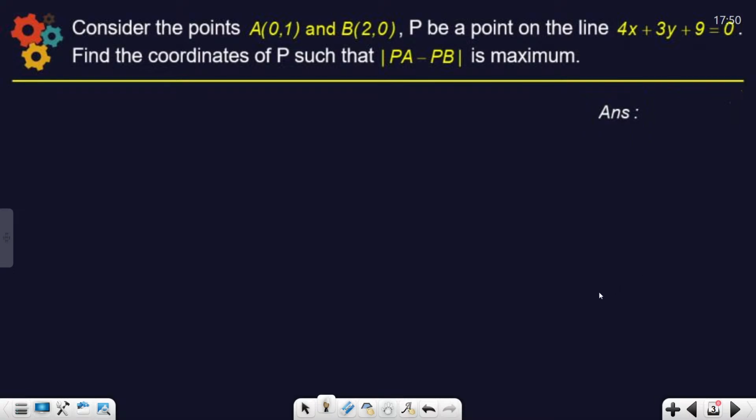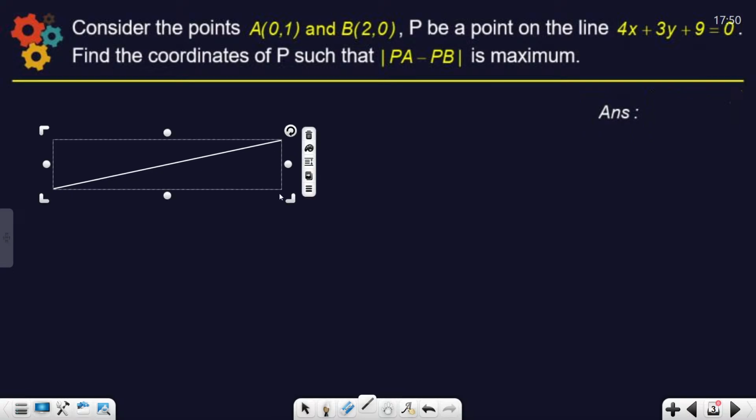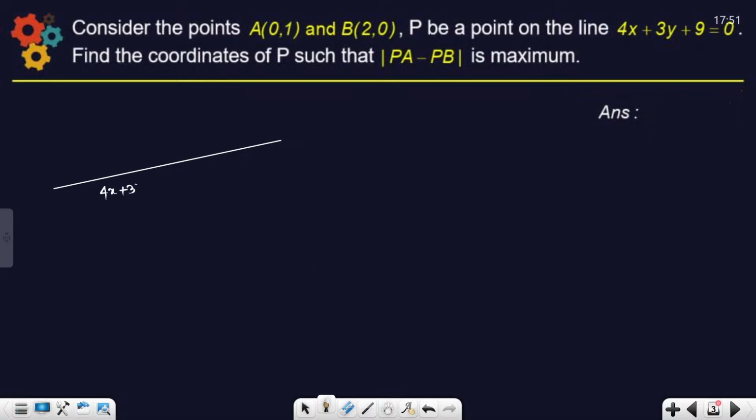We have been told to consider 2 points and a straight line is given to us. The equation of the line is 4x plus 3y plus 9 equals 0, and the 2 points are (0, 1) and (2, 0).